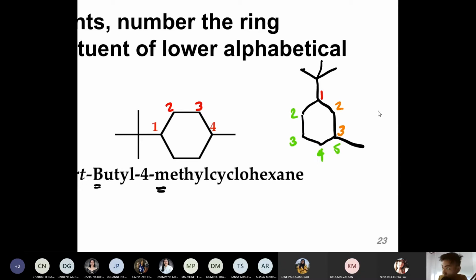We will assign the lowest number, okay? Which is 3, no? So, ito yung susundin natin in this case. So, hindi siya magiging 1-tert-butyl, 5-methyl. Now, it will be 1-tert-butyl, 3-methyl cyclohexane. Okay? So, ganun lang yung naming, no?